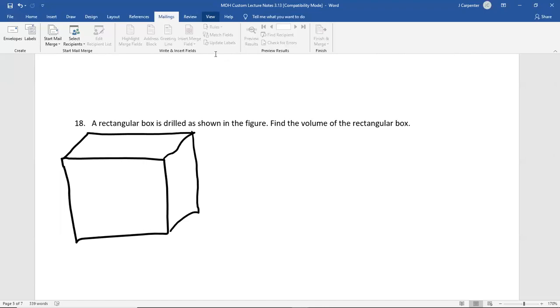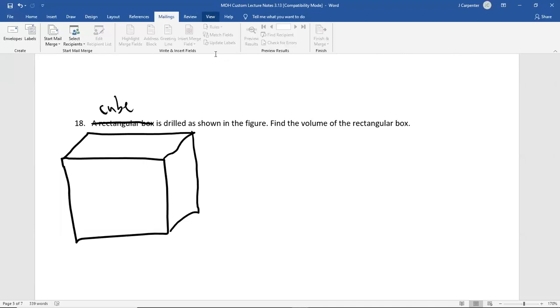You know what's interesting? My book doesn't say rectangular box. It says cube. Nothing about these dimensions says it has to be rectangular. A cube is drilled as shown. Find the volume of the drilled cube.